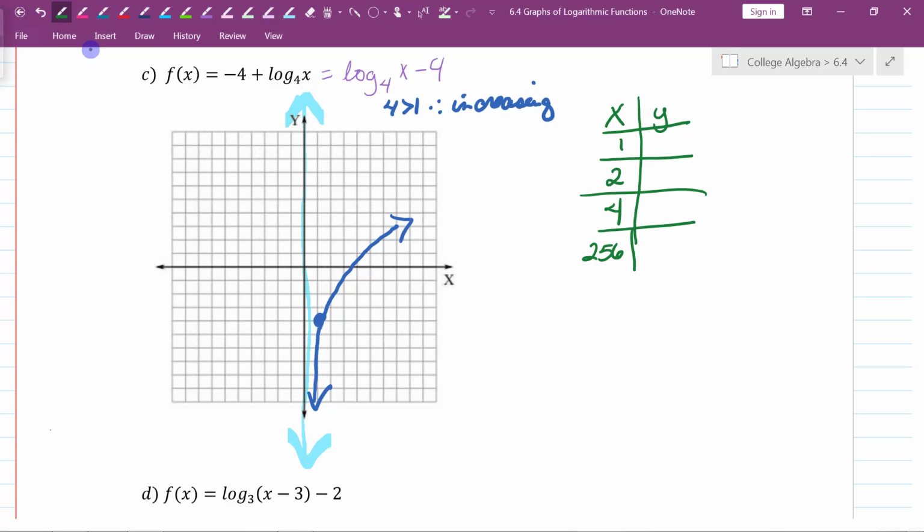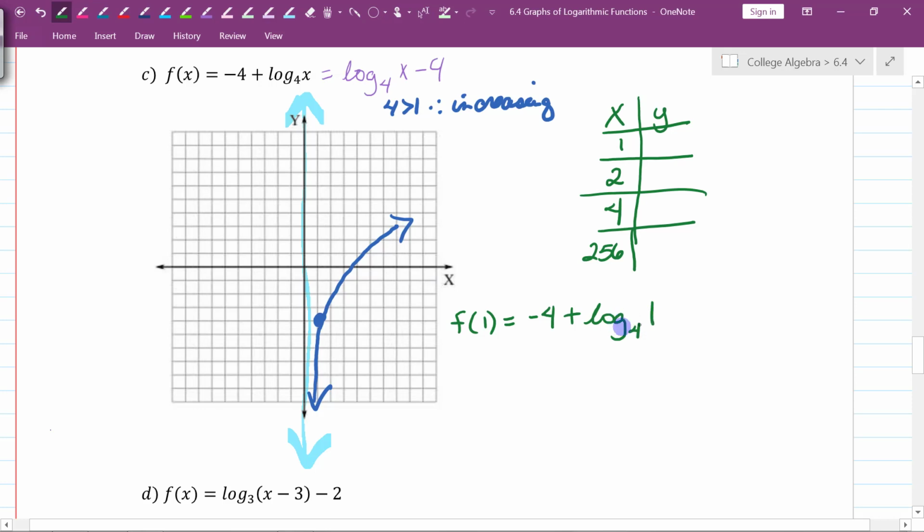The first thing we want to do is calculate when x equals 1. So we're going to calculate f of 1, which is equal to -4 plus log base 4 of 1. I can calculate it 2 different ways. I can do log base 10 of 1 divided by log base 10 of 4.